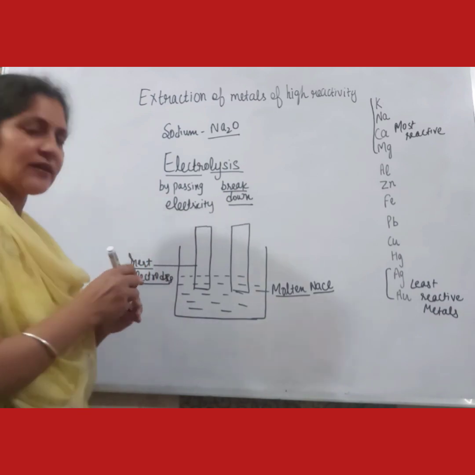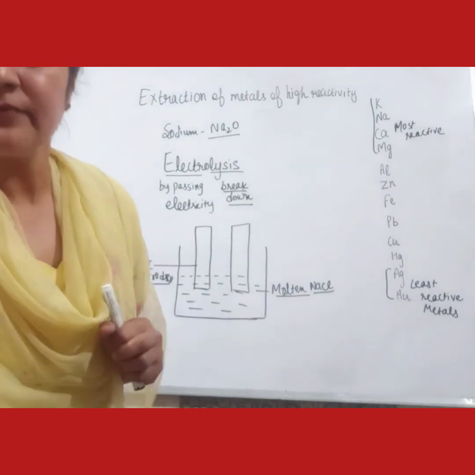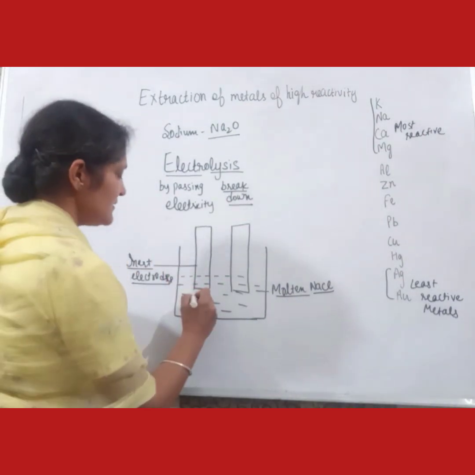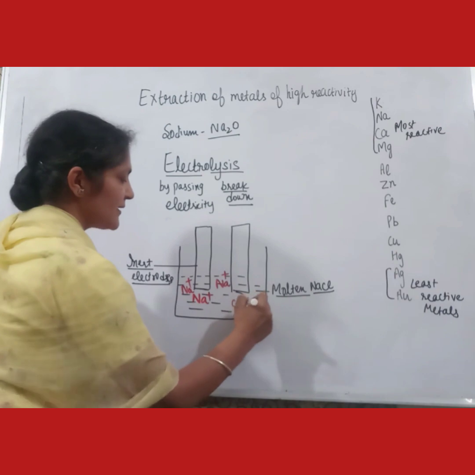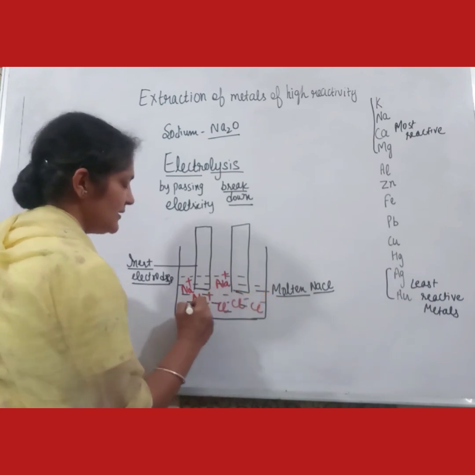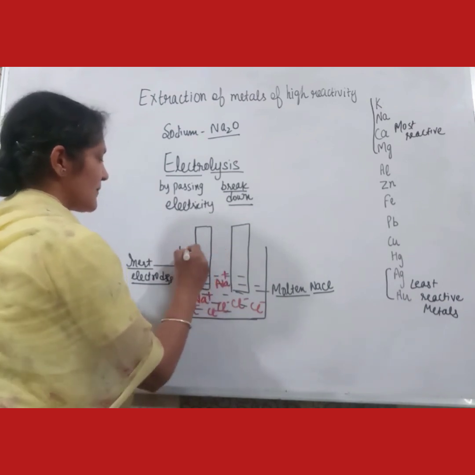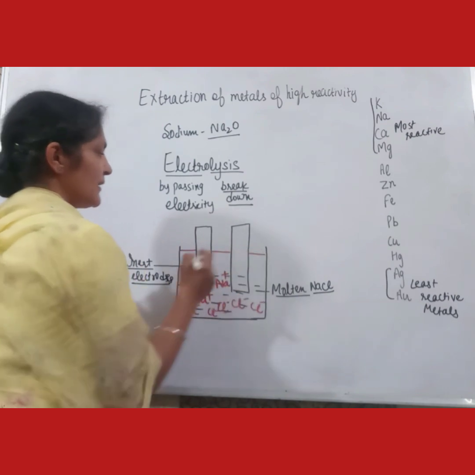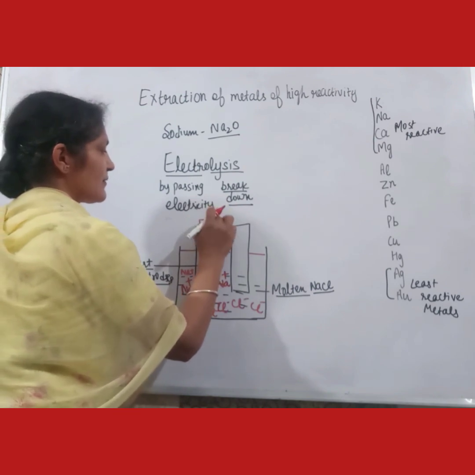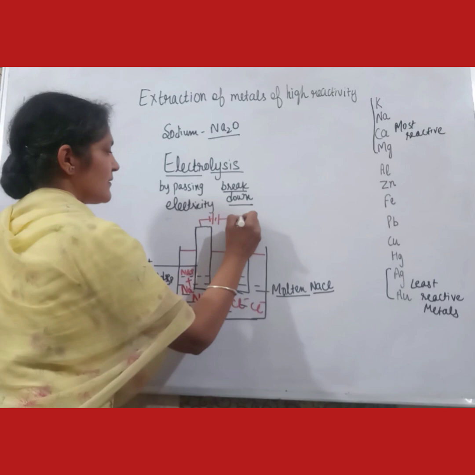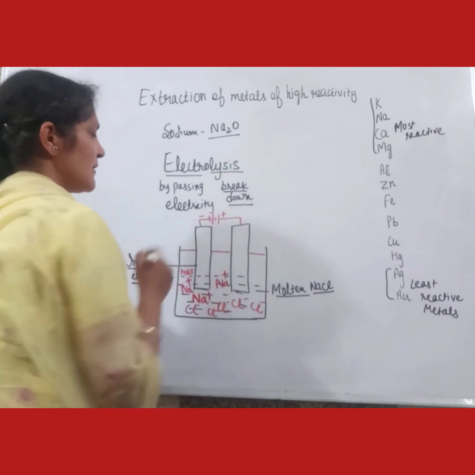In molten sodium chloride there will be many positive sodium ions and many chloride ions, scattered here and there. Now we will connect these electrodes with a battery, like this. Right, students? Now here is the negative charge and here is the positive charge.